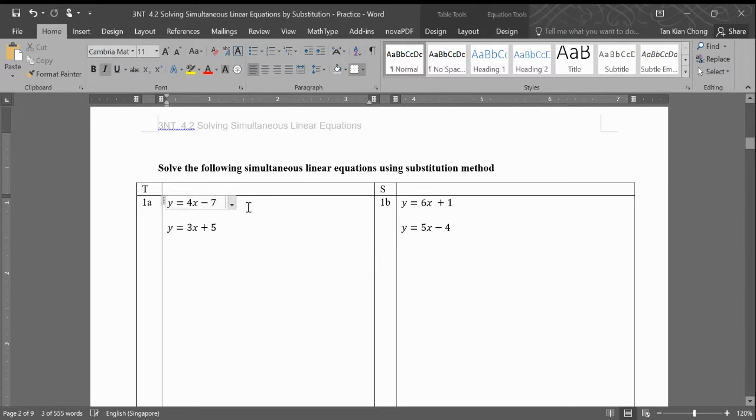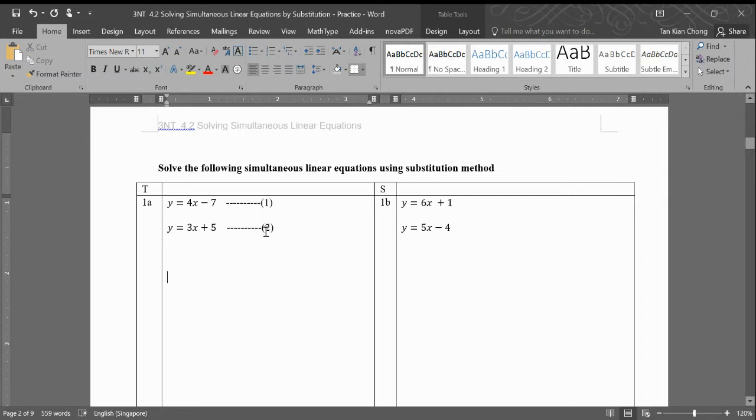What I'll do is first label one of the equations equation 1.